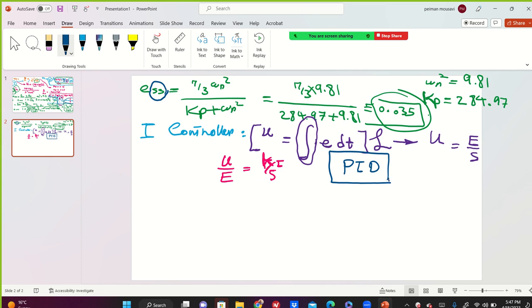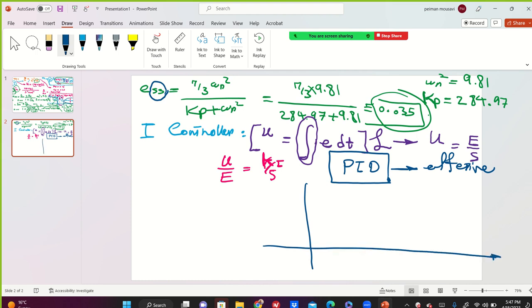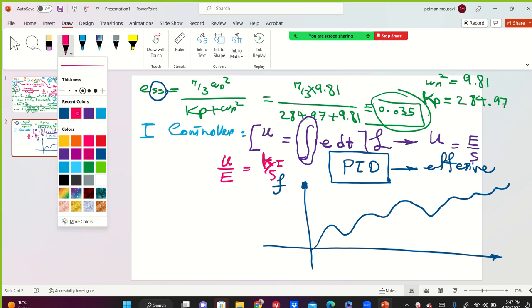So why is PID very effective? The question, before going ahead in mathematics, is why it is very effective. This goes back to high school, guys, not university level. You have a given function like this, whatever, f. When I say derivative of this function, what do I mean physically?